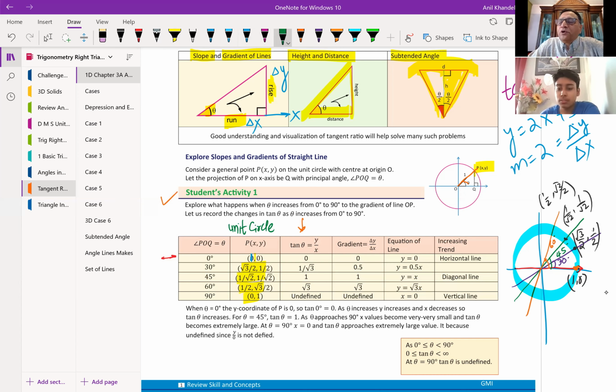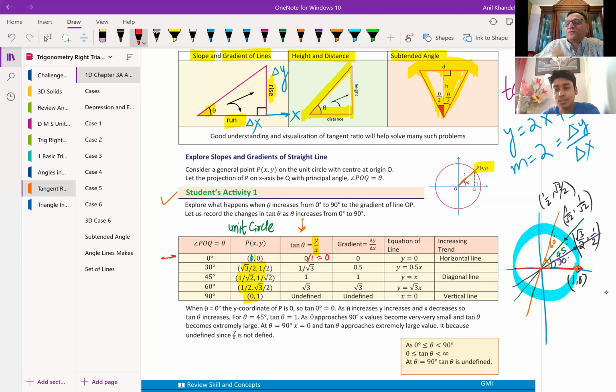Now from these points on the unit circle, you can find the value of tan theta by calculating the ratio y over x, correct? Yes, sir. So y over x for 1, 0 will be 0 over 1, which is equal to 0. That means the gradient is 0, the slope is 0, correct?